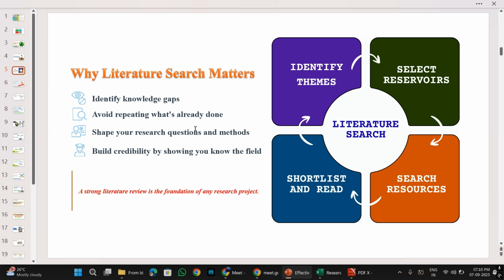And fourth, build credibility by showing you know the field, because that is important, isn't it? Whenever you want to talk about your problem, or what you have found out, or your perspective about the research problem with your advisor, your seniors, or your colleagues, they have to know that yes, you know something. And how will you know something? It is only when you read, right? So far there is no such technology which will flash questions and answers before your eyes.